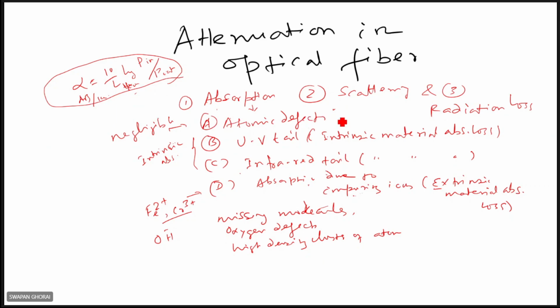Now, if you focus on atomic defects, what are the causes of atomic defects? Because of missing molecules, high density clusters of atomic groups, or oxygen defects in the structure, right? So they are the causes of atomic defects, because basically it is imperfections in the atomic structure.